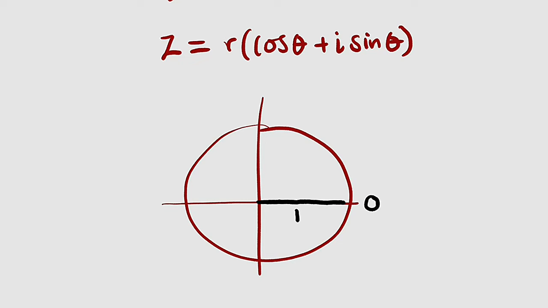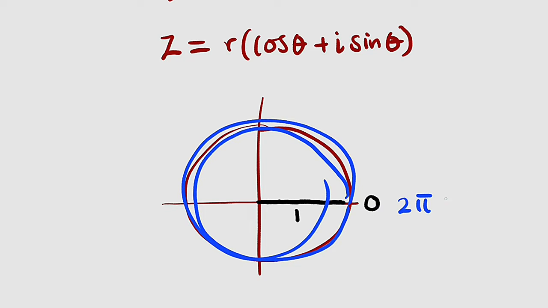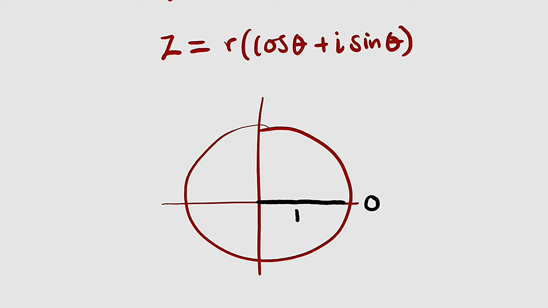If you make a complete cycle, you obtain 2 pi. Another cycle, you have another 2 pi. Therefore, 0 radians is the same thing as 2 pi times k, where k is an integer. That is, a multiple of 2 pi is the same thing as 0 radians.